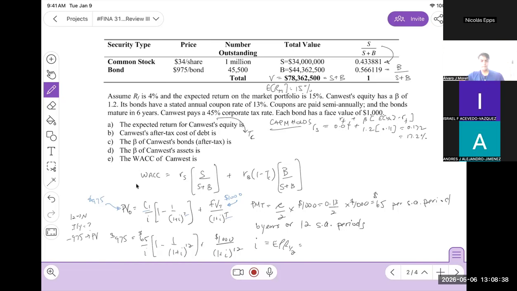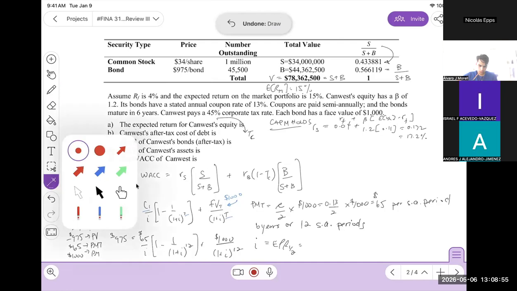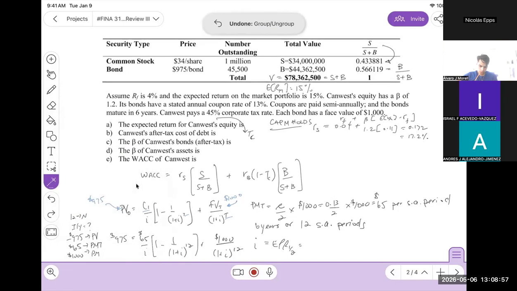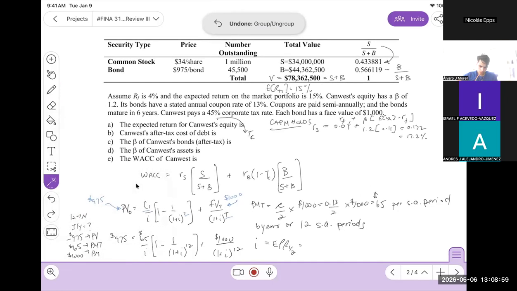Payment is 65 to be received, and also to be received is the $1,000 FV. Payments are positive. What's happening here?